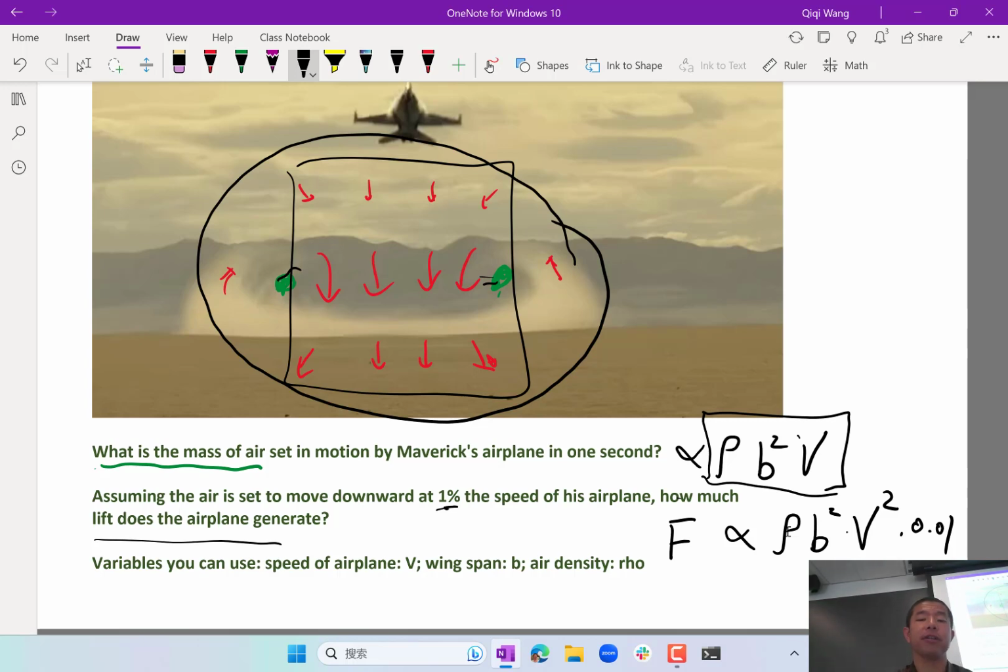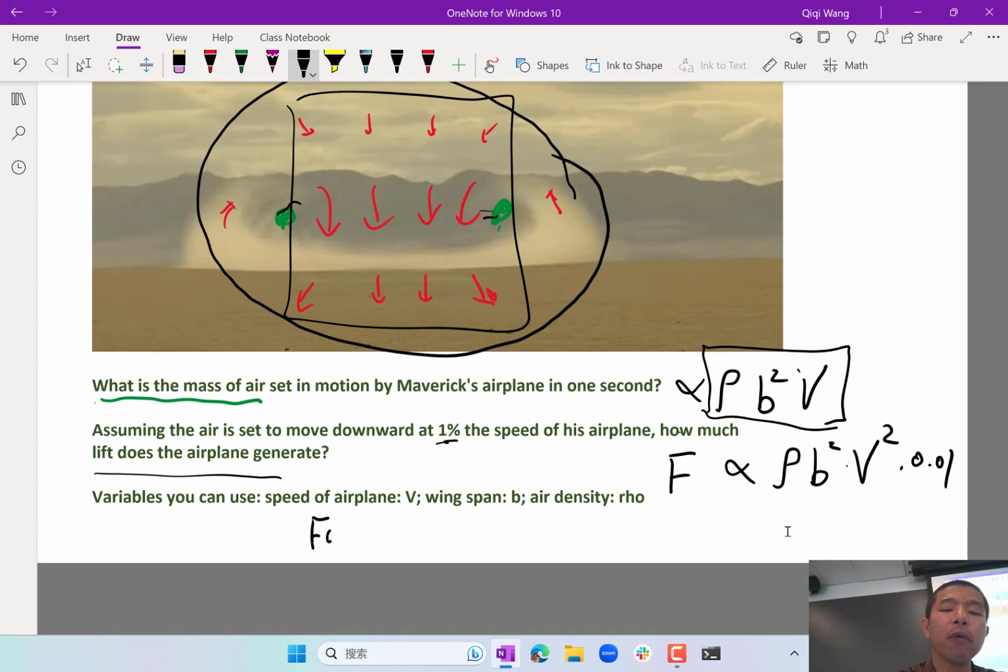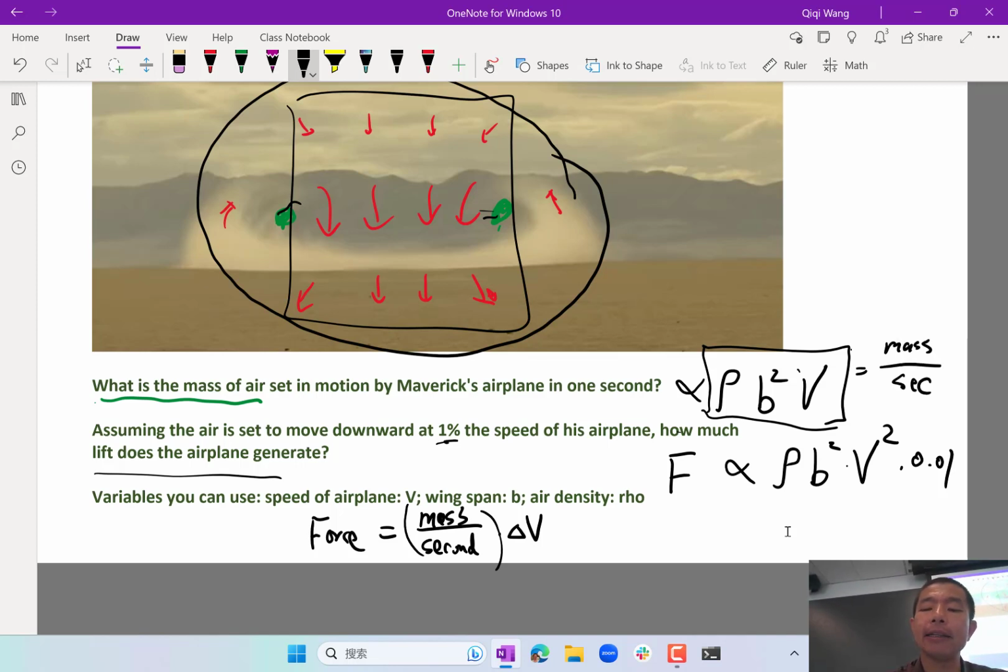And the force is equal to mass per second times delta V. The mass per second is equal to this, and the delta V is equal to 1% times the velocity of the airplane. So the V actually appears in two places multiplied together.